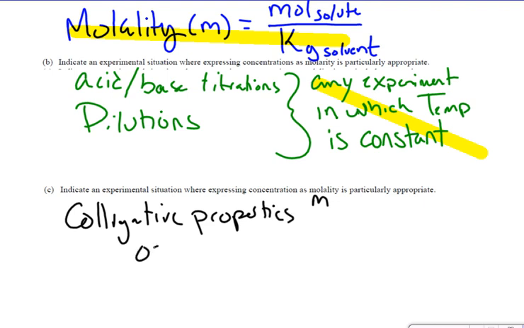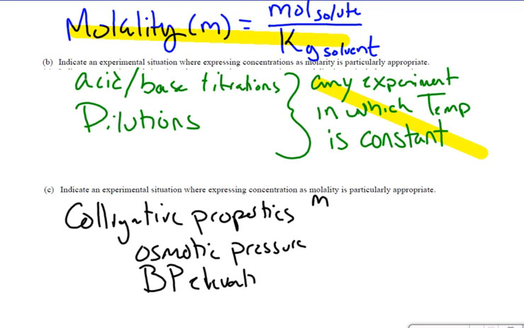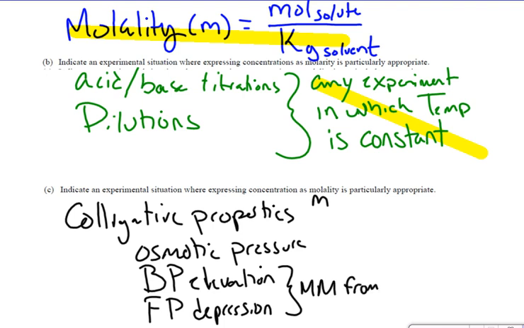So osmotic pressure, boiling point elevation, freezing point depression, molar mass from those.